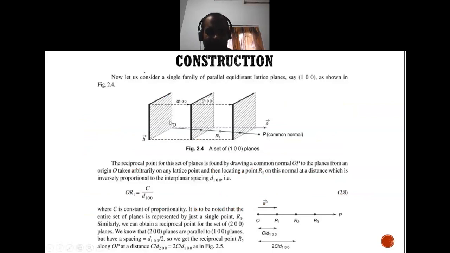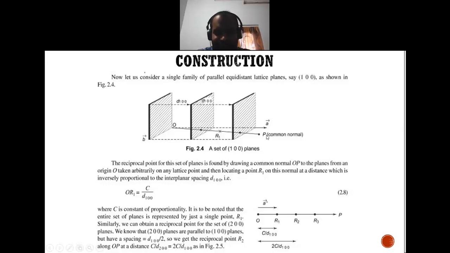Here in this figure, I can tell you quickly what is going on. These are various sets of crystallographic planes, and O is a common origin. It is written in the description, and I have collected this from the textbook by Ajay Kumar Saxena, for reference. O is the origin, and from the origin you draw this normal, the common normal to each plane.